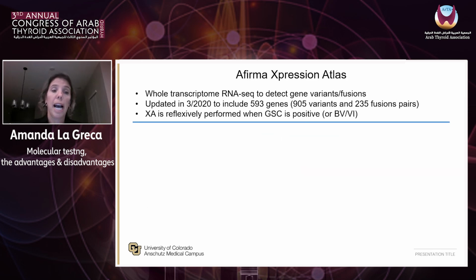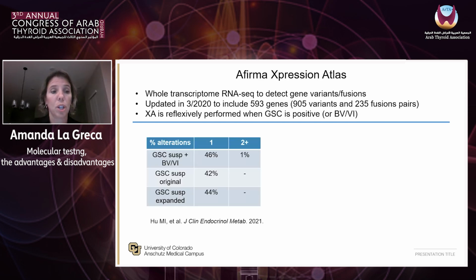The Expression Atlas is reflexively performed when the GSC is positive on Bethesda 3 and 4, or it's always performed when the nodule is read as Bethesda 5 and 6.